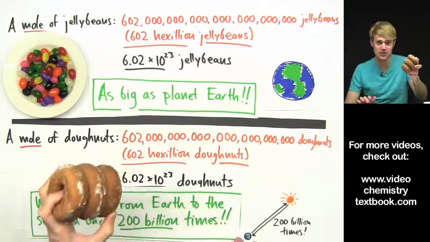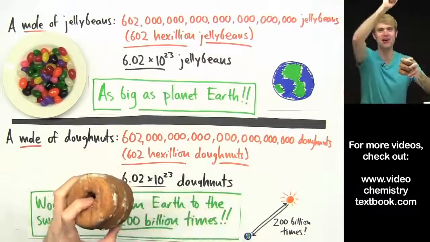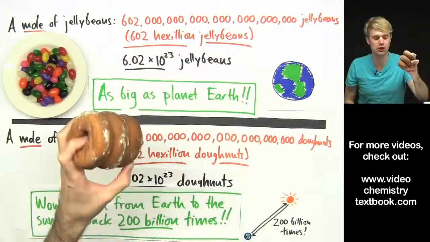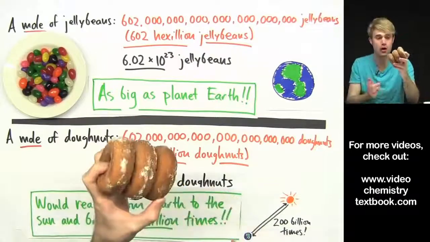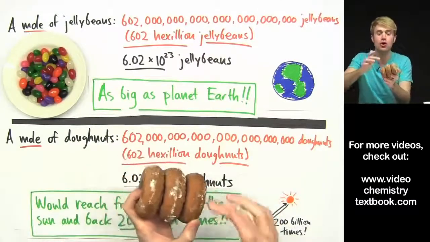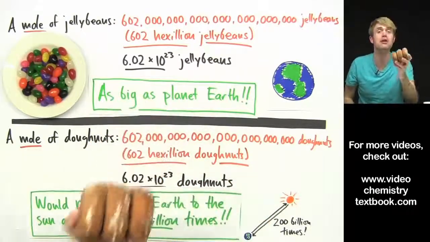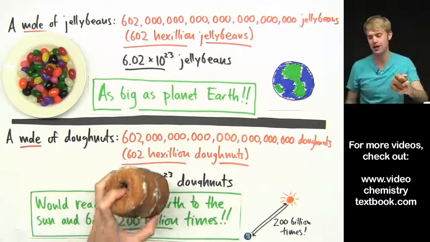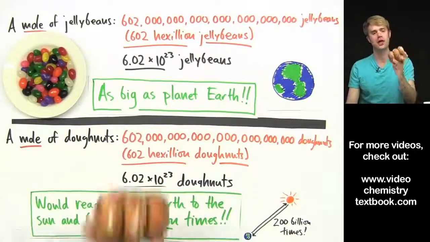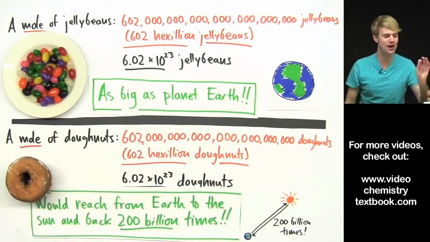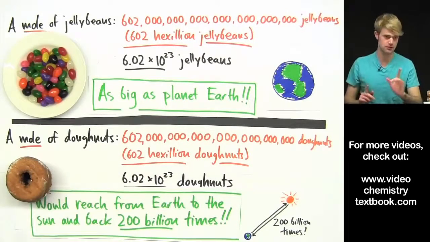This stack of donuts would reach from the Earth to the sun, back and forth 200 billion times. Again, think about how many donuts we would have if we just laid donuts down like this from your house to your school, right? That would be a ton of donuts. Now imagine going from the Earth to the sun and back 200 billion times. That is how many donuts 602 hexillion donuts is.